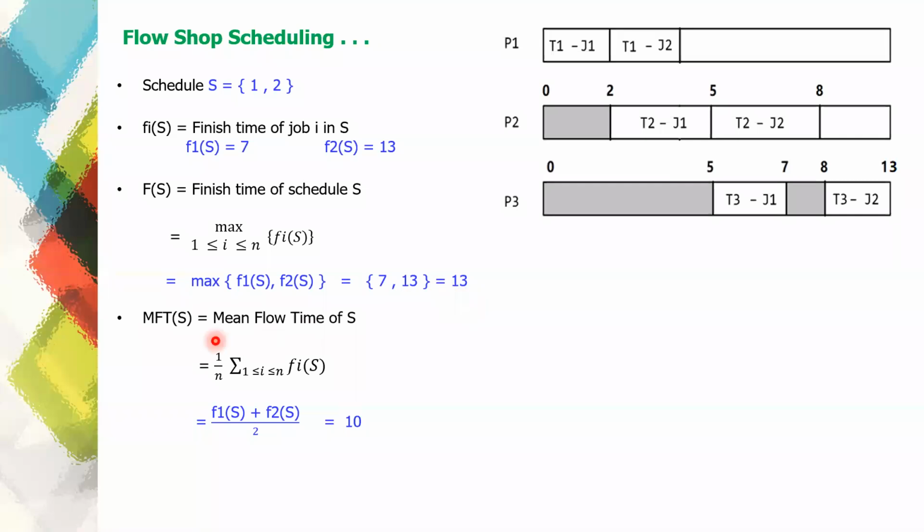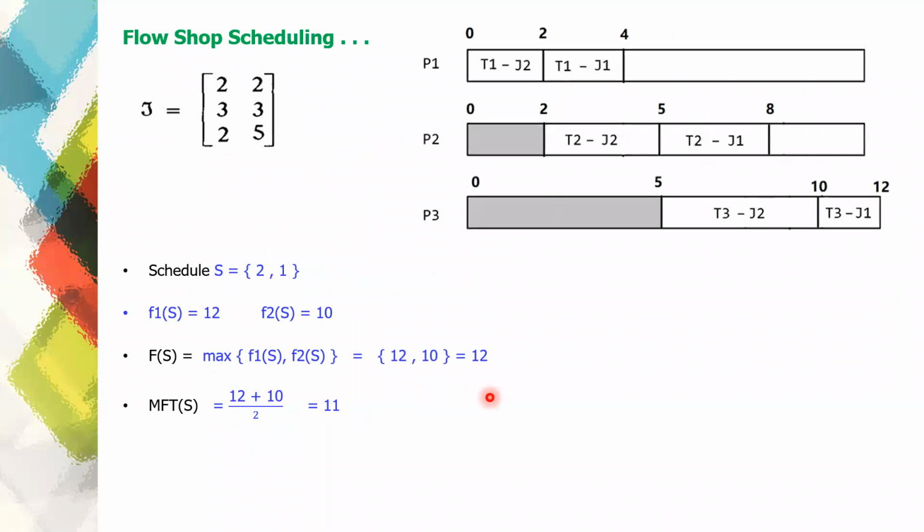Then you can calculate the mean flow time for the schedule, which is the average of the finish times: F1 of S plus F2 of S divided by 2. The average of the finish times will give you the mean flow time for the schedule. That was where the schedule was 1, 2.